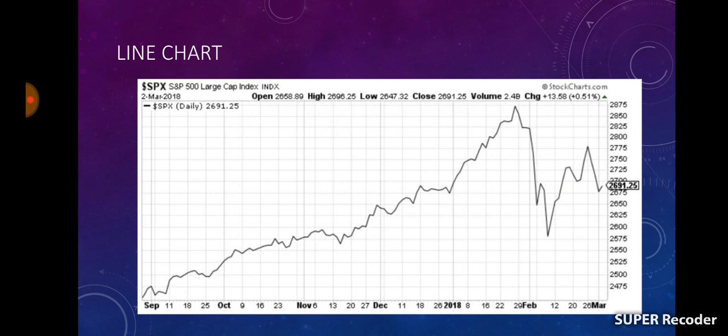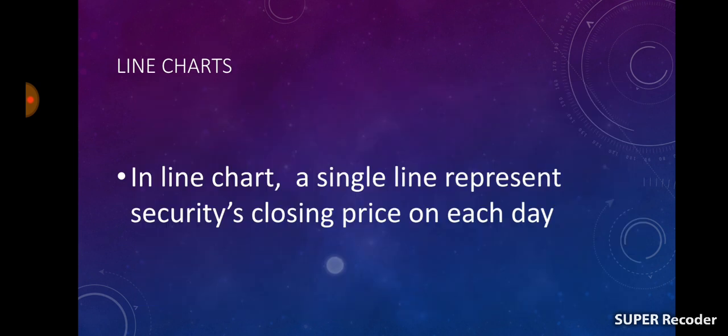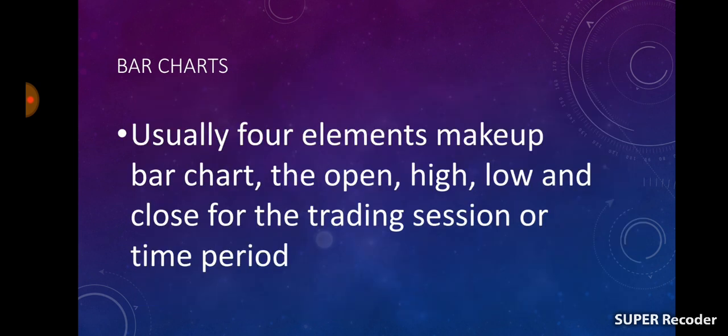The second type of chart is the bar chart. Usually four elements of price, opening price, closing price, high price and low price, can be identified by using a bar chart. In the case of a line chart, we can only understand the changes in the closing price.